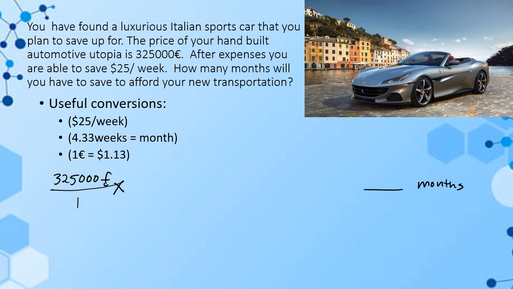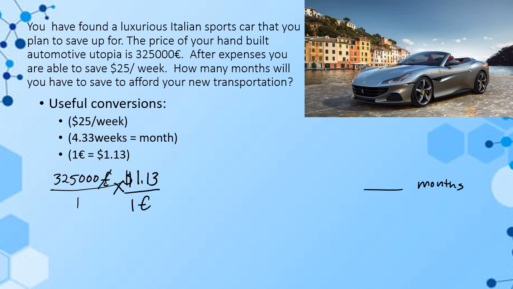The thing is, with dimensional analysis, we can string all of these conversions together as long as we cancel out everything and get to the unit we want to. So I know I'm trying to get rid of euros, so I'm going to use the dollar conversion on the next one. I know it's 1.13 dollars per 1 euro.